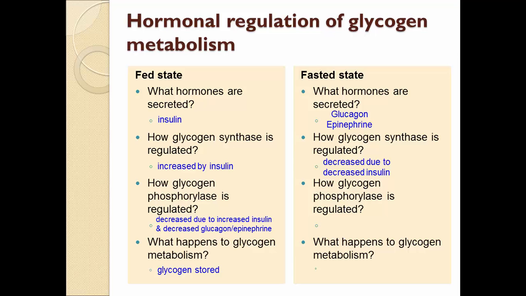Usually insulin regulates more glycogen synthesis, right? And glucagon and epinephrine regulate more glycogen phosphorylase activity. So how is glycogen phosphorylase regulated? It is increased, right? Because of increased glucagon and epinephrine. And what happens? Glycogen degradation, right? Breakdown. Okay.